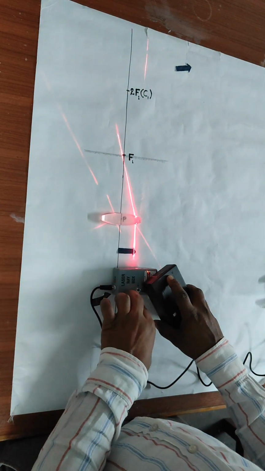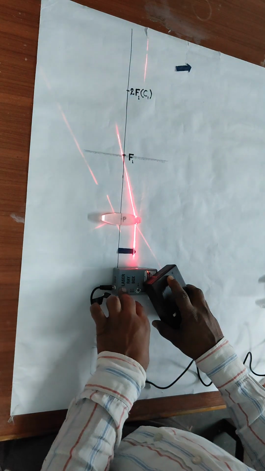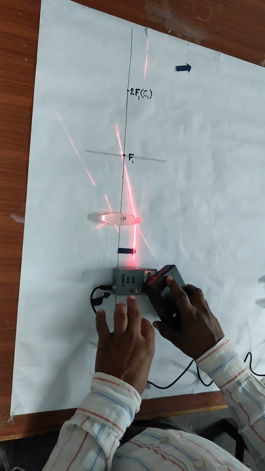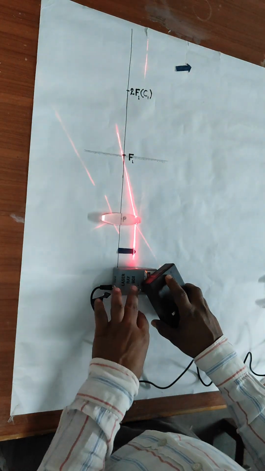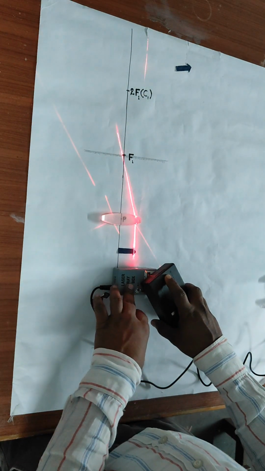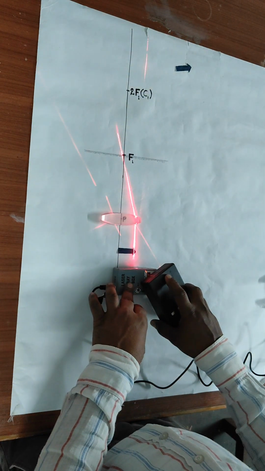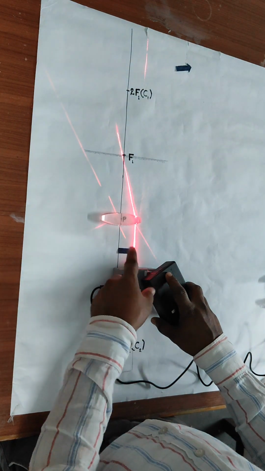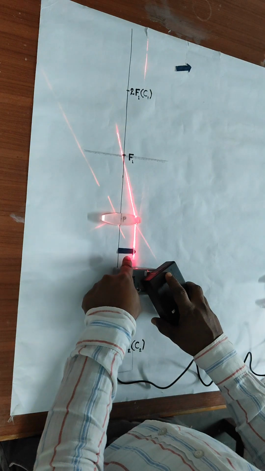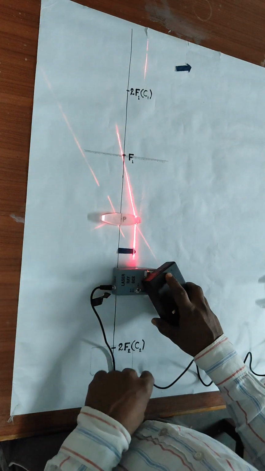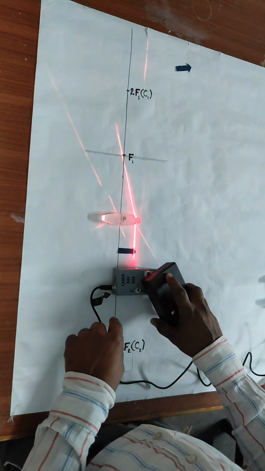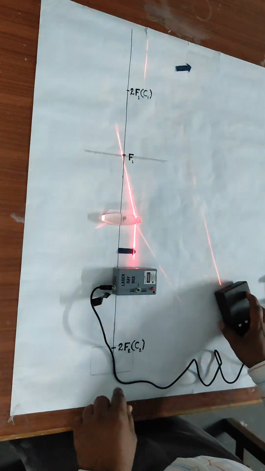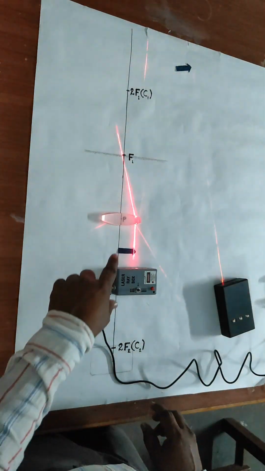So in this case, the image will be formed behind the lens, on the same side as the object. These are the refracted rays for the convex lens.